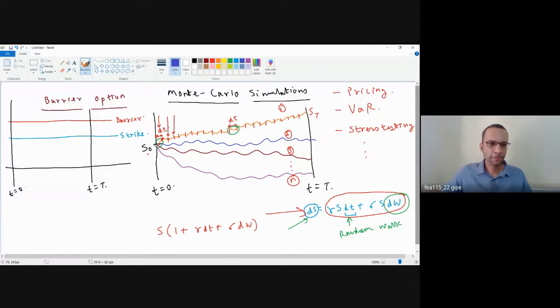Let's say I'm standing here, and this is S0 today. Let me draw 3 paths and then I'll explain the behavior for a barrier. Let's say this is path 1, path 2, and path 3. Maybe I can use orange.